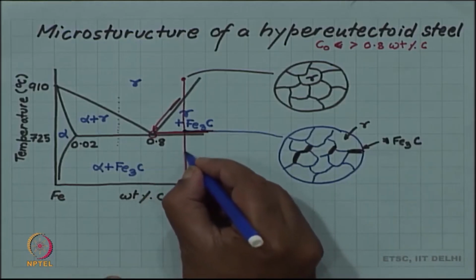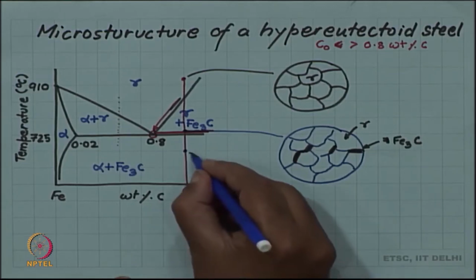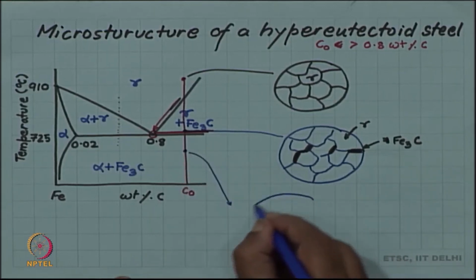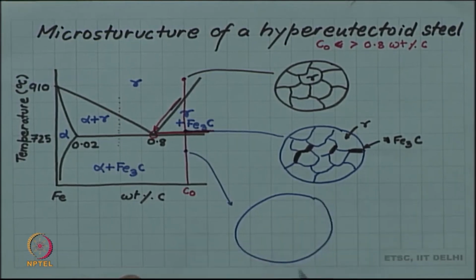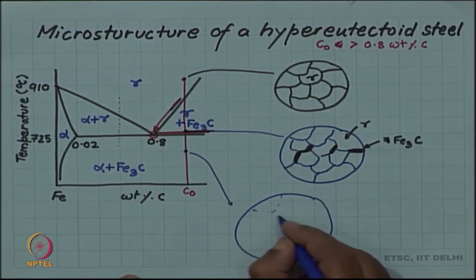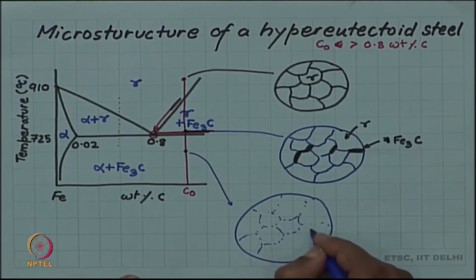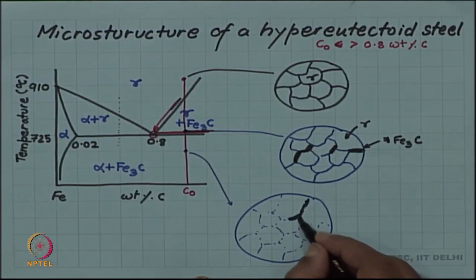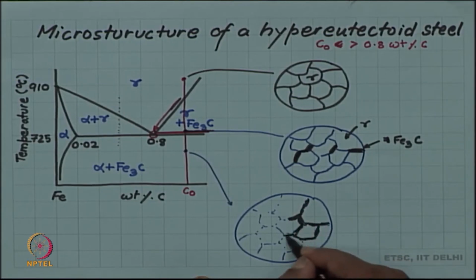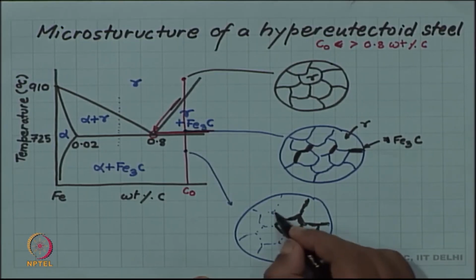So, below the eutectoid horizontal, if we try to draw the microstructure, you have these austenite boundaries. I am drawing it in dashed line because I want to cover these with the Fe3C. So, Fe3C has formed along these boundaries, depending upon the amount of Fe3C, which will also depend on the composition.